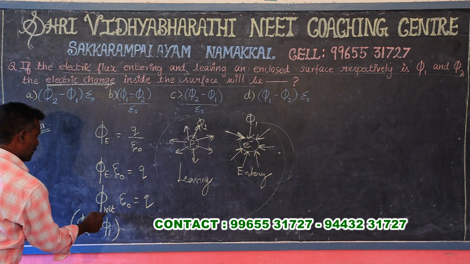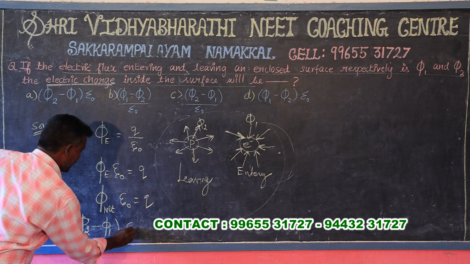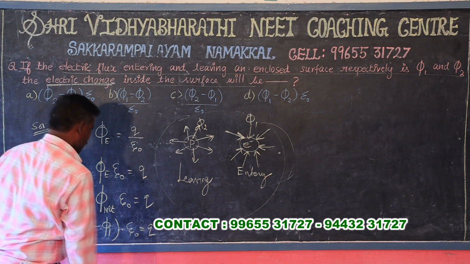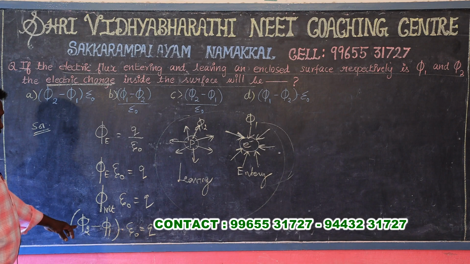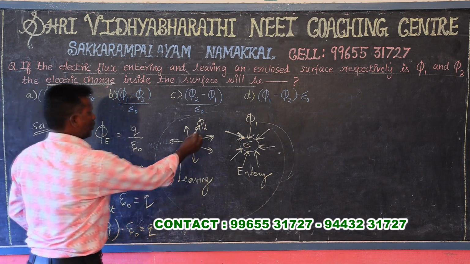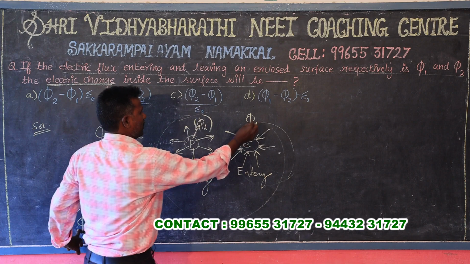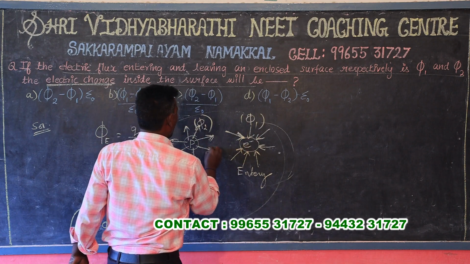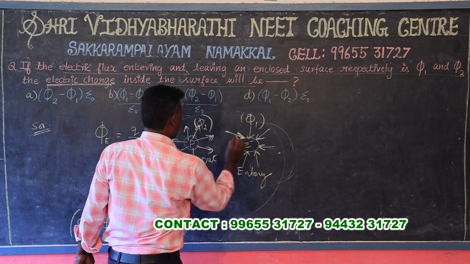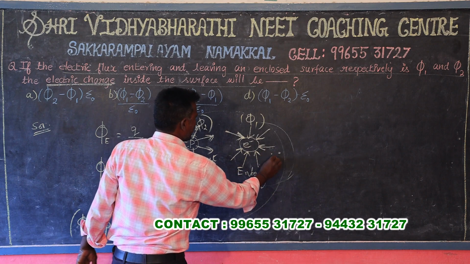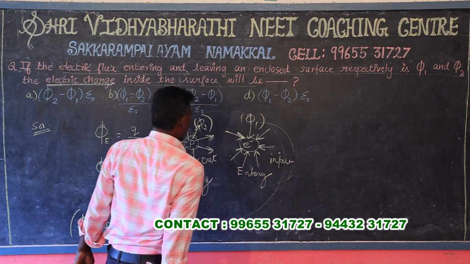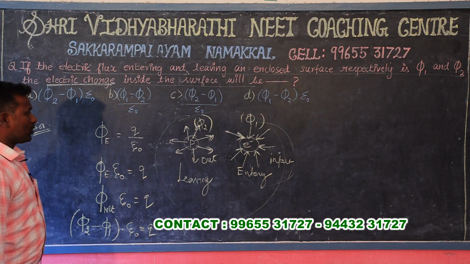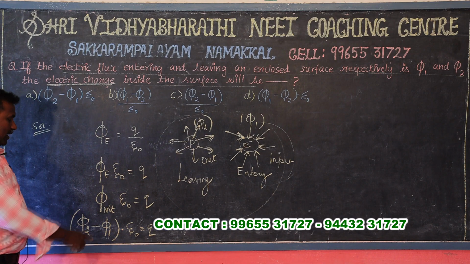Phi 2 minus phi 1 is the net phi, and net phi into epsilon naught equals Q. Phi 2 represents the proton, radially outward, the output. This is the input. So net means output minus input, and net flux equals Q by epsilon naught.